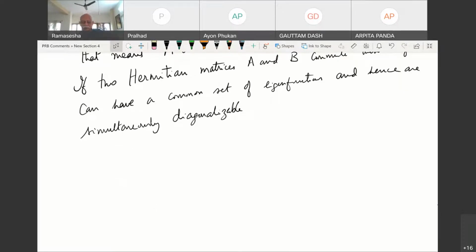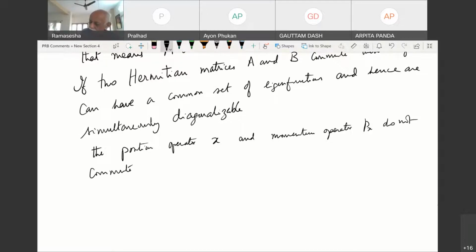Okay, so let us, for example, consider the following. The position operator X and momentum operator Px do not commute, right? Do they commute, X and Px?